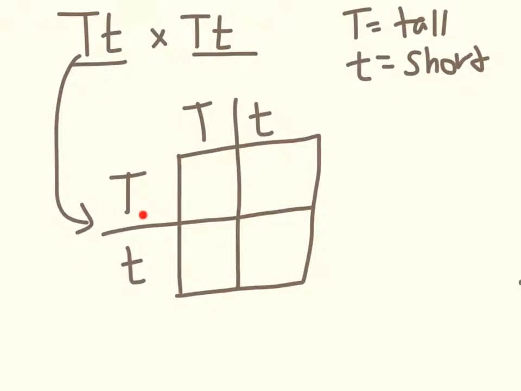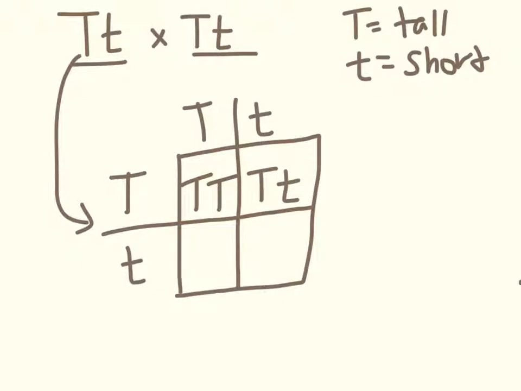this allele and we place it into this first box. So we'll have the capital T. Then we take this allele and we bring it down and place it into this box. So again, we'll have capital T. Here we'll take this one, bring it across, and we will take this one and bring it down.